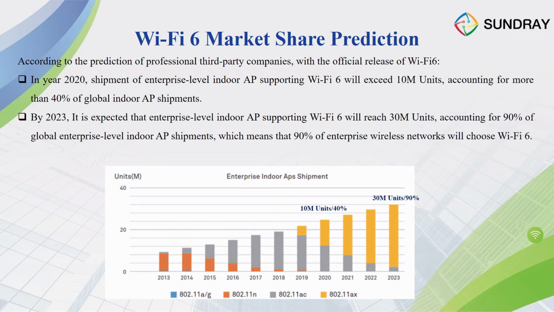Before, maybe you only used 11N, but with this new technology, they want to update their products. So that's our opportunity. And by the year 2023, more than 90% of the products will go to Wi-Fi 6. So that's very important. That means Wi-Fi 6 products are very important now.